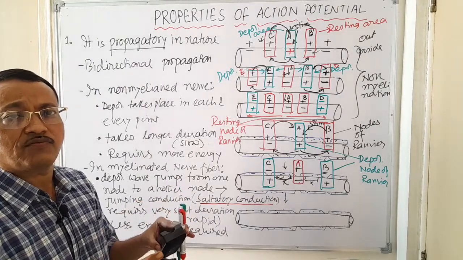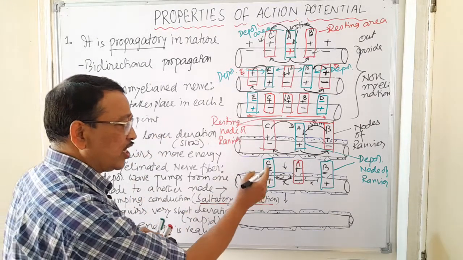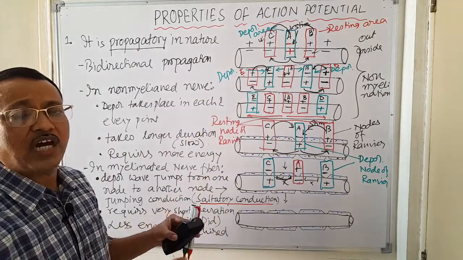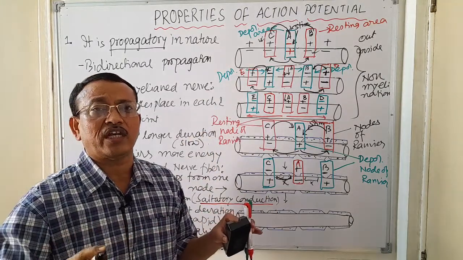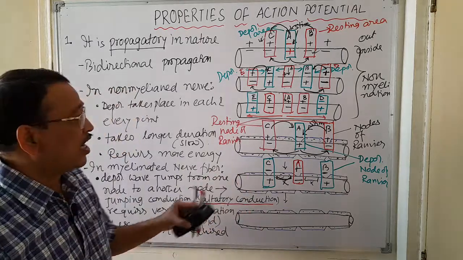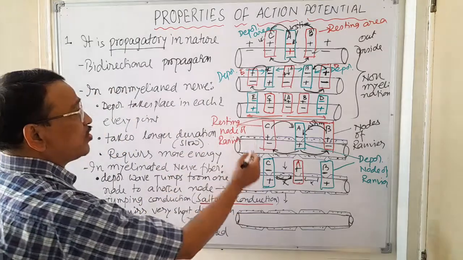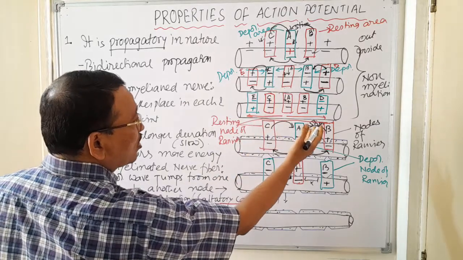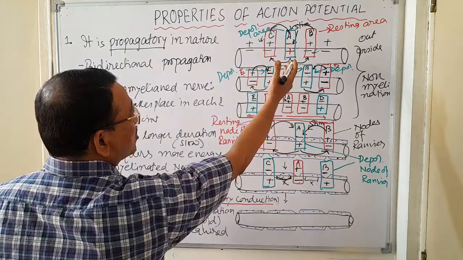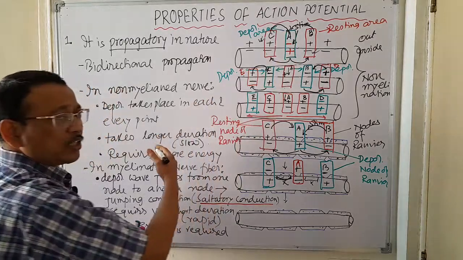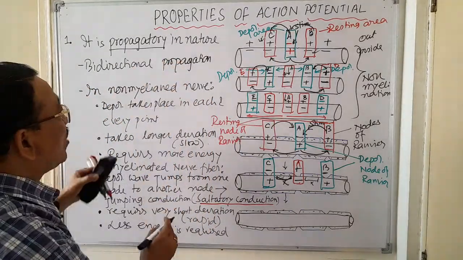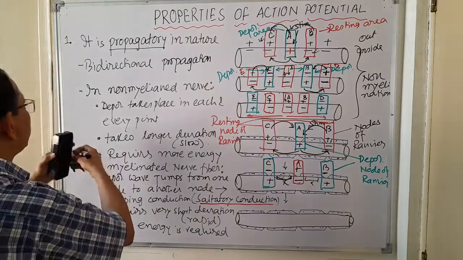It only passes from one node of Ranvier to the adjacent node of Ranvier, which are distantly located. So this is the mechanism by which the action potential is propagated from one part of the neuron, or one part of the cell membrane, to the other part of the cell membrane. So this is about the first property of the action potential.